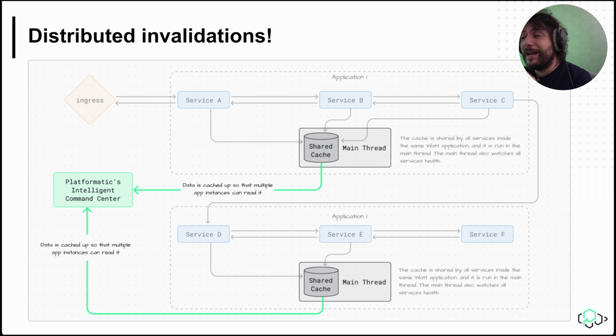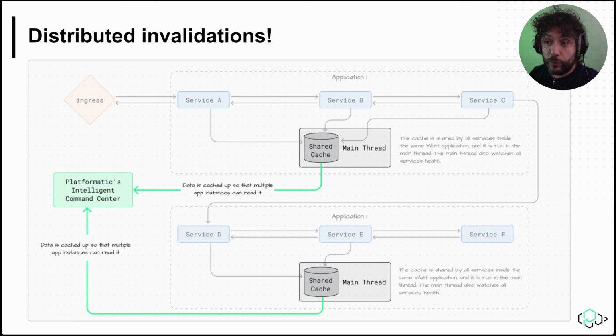Well, in fact, all of this is kept in sync by the Platformatic Intelligent Command Center, which receives the cache data and keeps it safe, but also distributes it and makes sure that each copy in each application is up to date. Works very well.